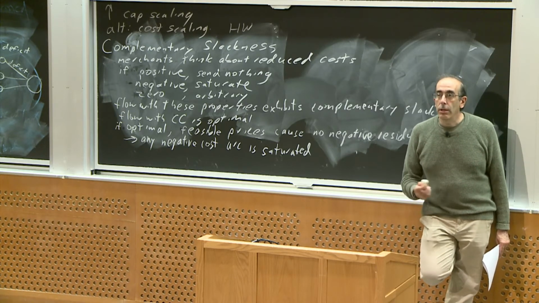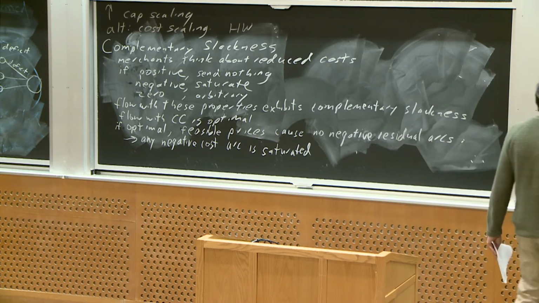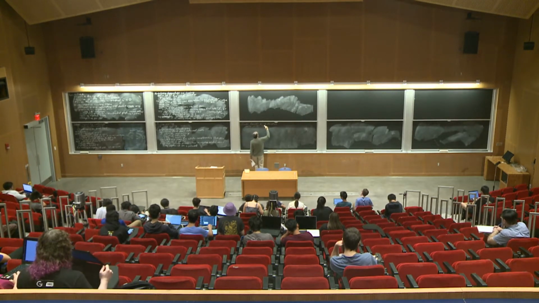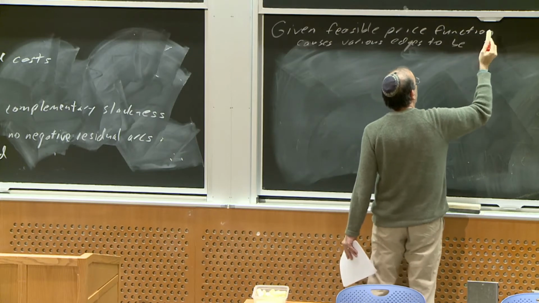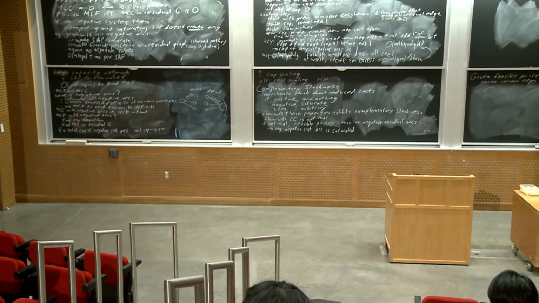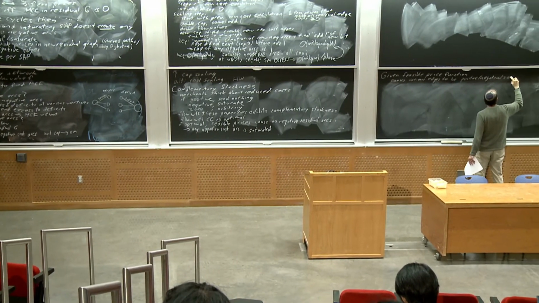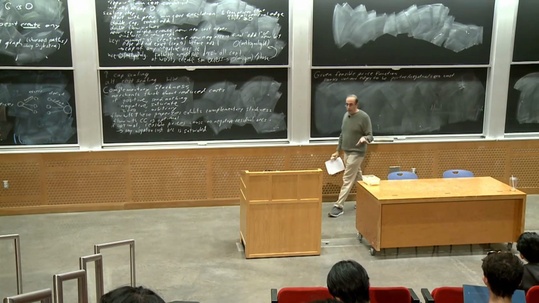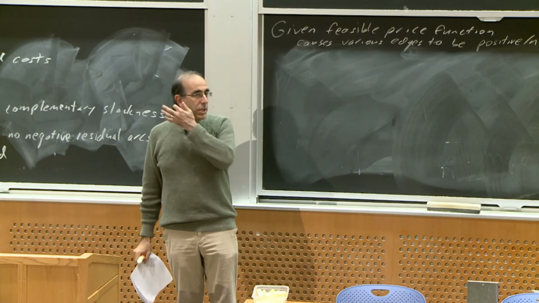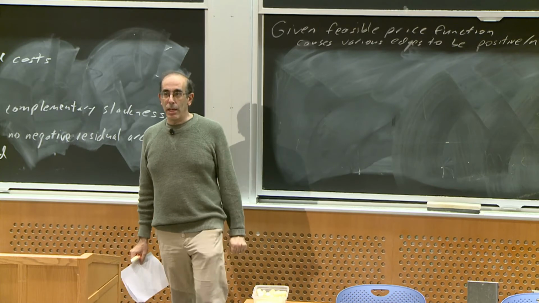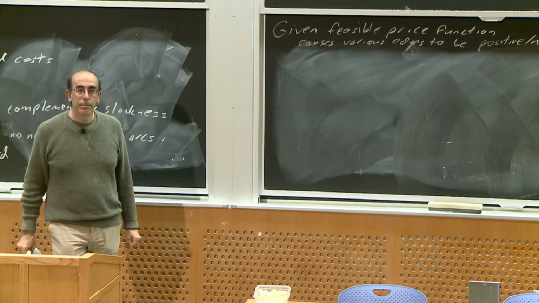Okay. Well, let's look at what that feasible price function does. It causes various edges to change price, to be positive, negative, or zero cost. So if I look at this feasible price function, and I see that under it this edge is negative cost, what does that tell me about the min-cost flow on that edge?